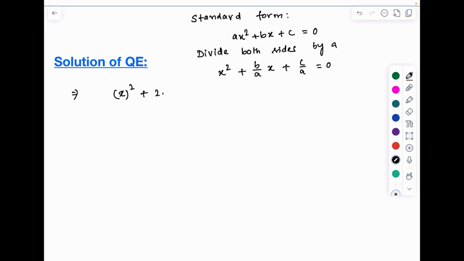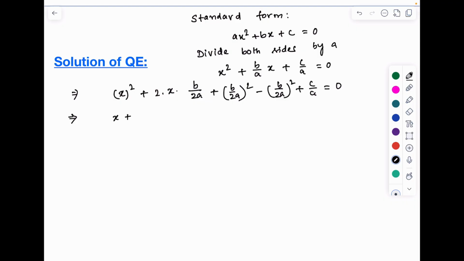We can write x² + 2·x·(b/2a) + (b/2a)² − (b/2a)² + c/a = 0. The (b/2a)² and −(b/2a)² cancel out, and we get the same thing as the original quadratic equation. It is the same thing, we are just rewriting it.